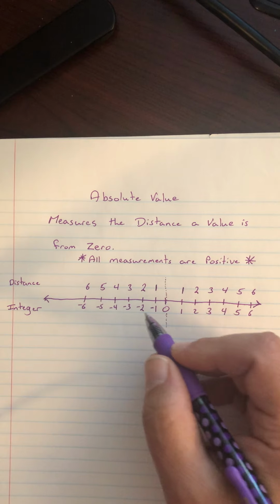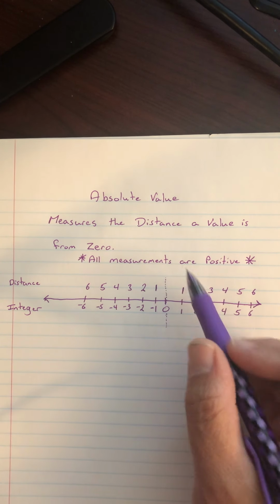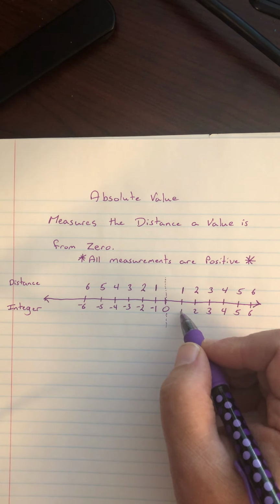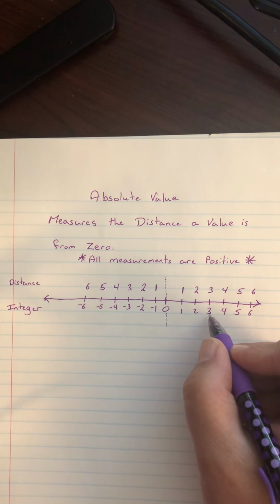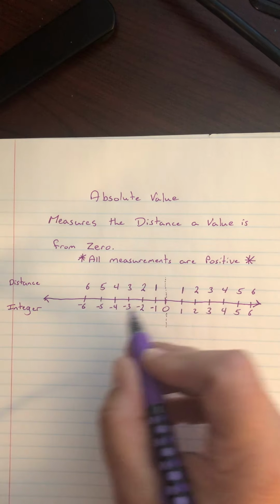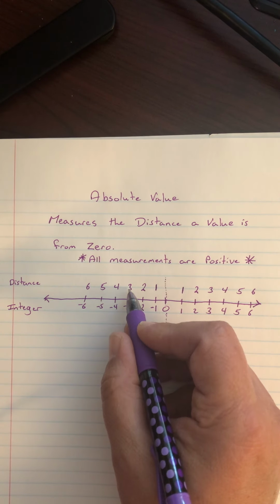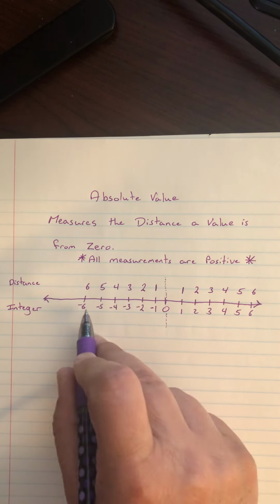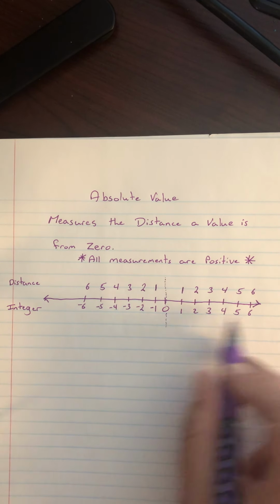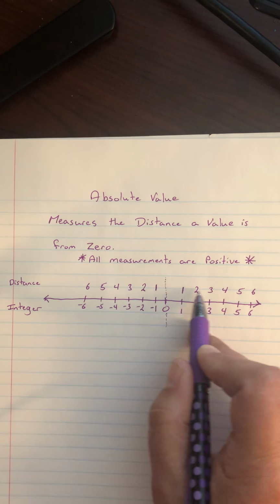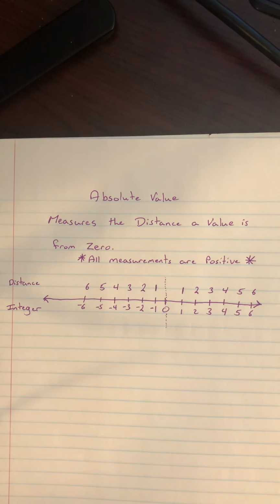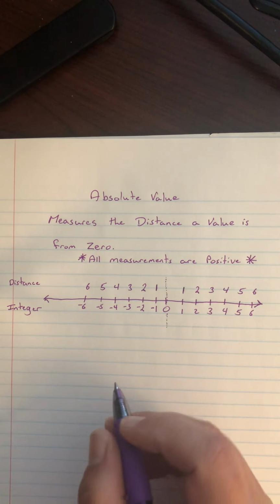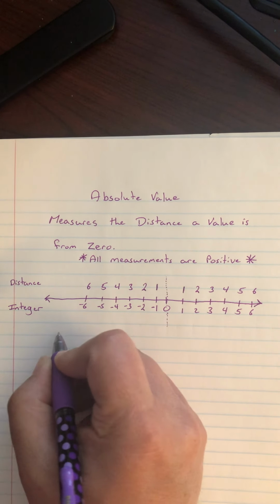So we have to understand that what absolute value is doing is just asking you for whatever value they give you as a positive number. Positive 3, it's positive 3. Negative 3 is positive 3. No matter what value integer they give you, all you're doing is making sure that your answer is positive. Okay, because that is measuring, that is the value of the measurement, and the measurements are always positive.